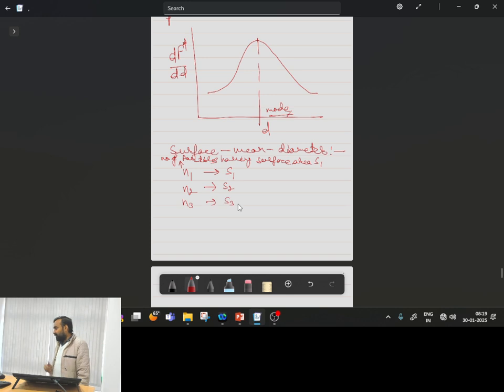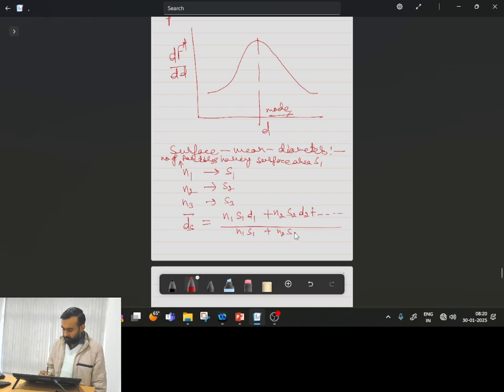Now in this scenario, if I have to define the surface mean diameter d bar S, that will be equal to N1 S1 d1 plus N2 S2 d2 plus so on, divided by N1 S1 plus N2 S2 plus N3 S3 likewise.